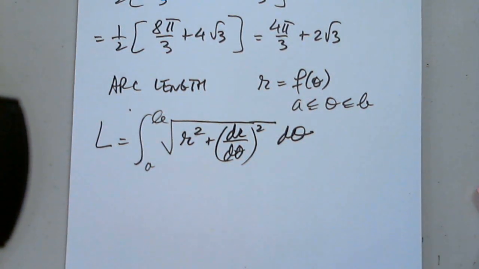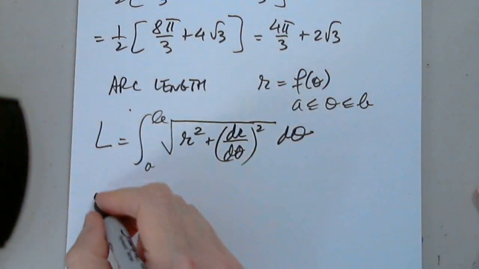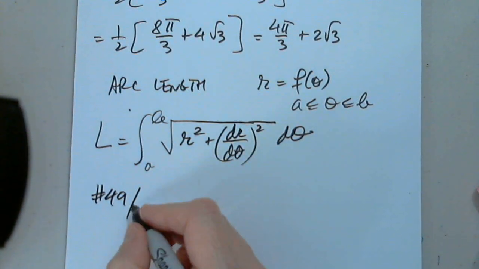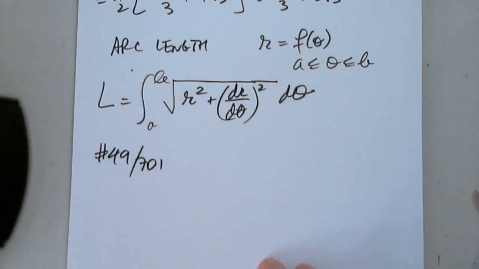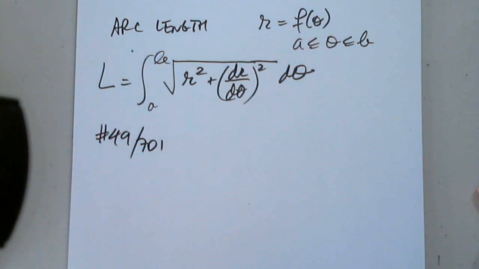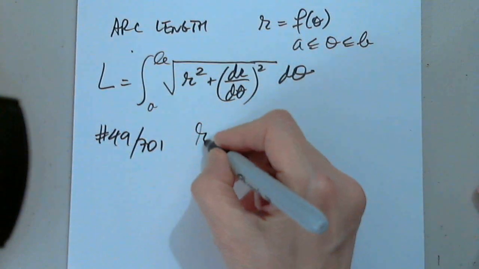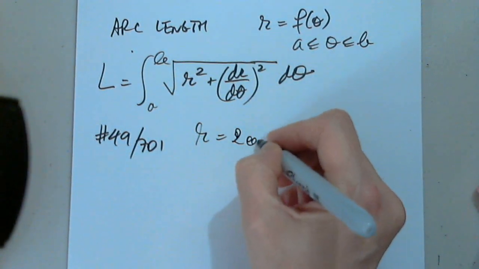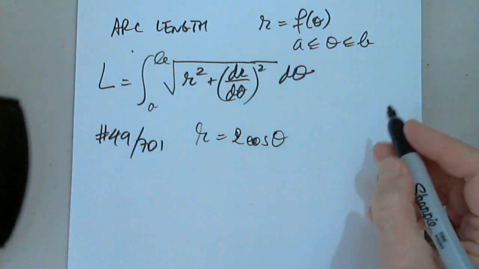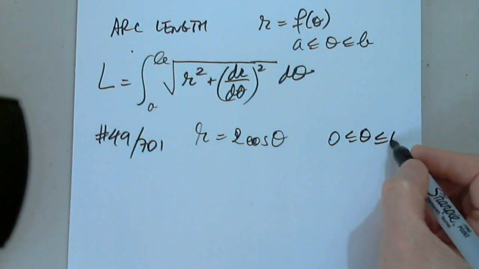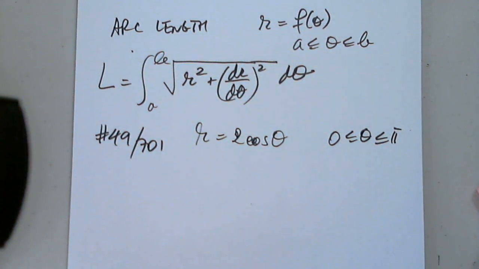Okay, so let's look at an example here, like 49 on page 701. Find the exact length of the polar curve. So r equals 2 cosine theta, and theta is given to us between 0 and pi.